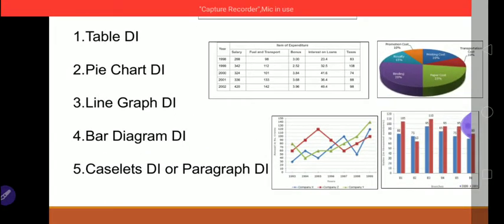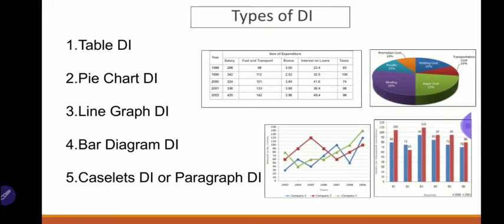Next, the questions based on this table will be there. You have to read the problem carefully and solve it.